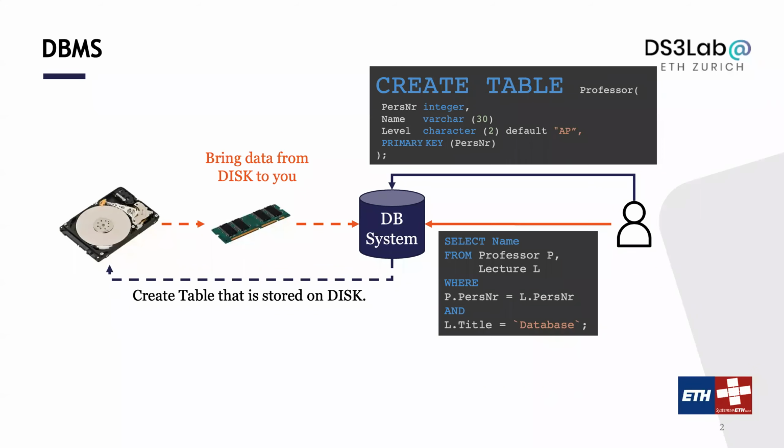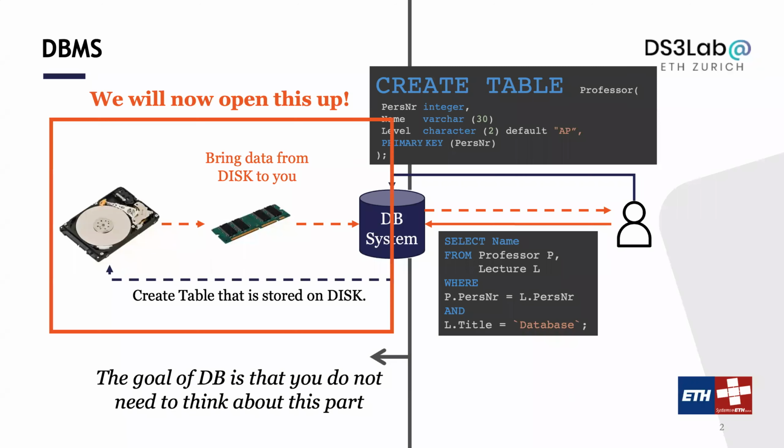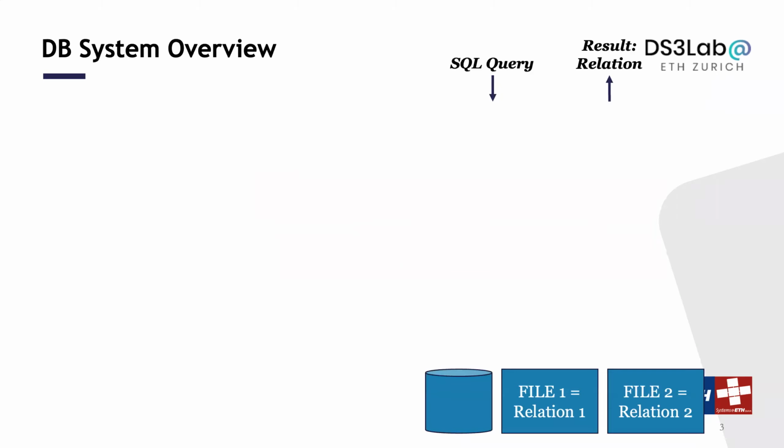So starting from last week, we started to open up this black box. We talked about the different layers that a database system has to enable this functionality. Specifically, from the top to the bottom, at the top there is the SQL query that you are asking as a user, and you are hoping the database system returns you the result, which itself is a relation.